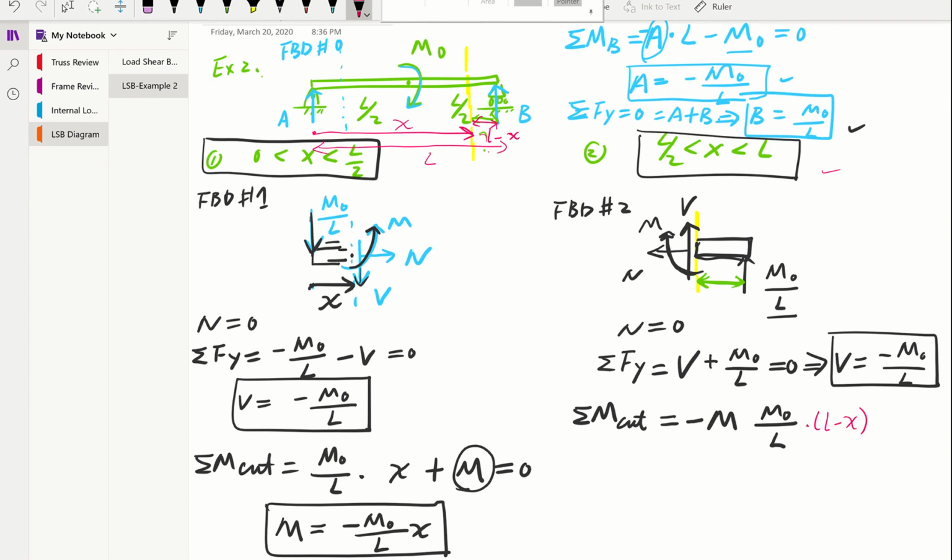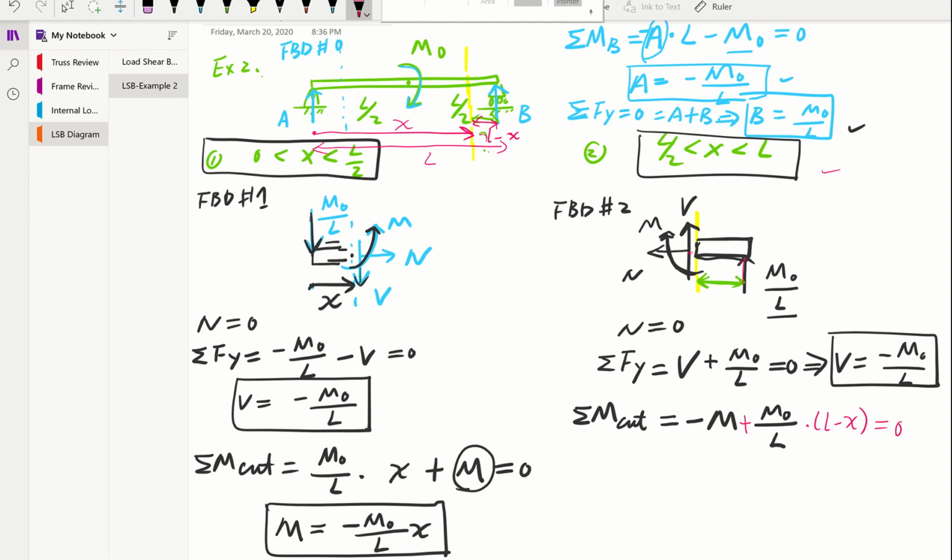And we have that. You're thinking about the direction. So this is going to rotate. For this force, rotating about where you cut is going to be counterclockwise. So that's going to be plus. And all those going to equal to 0.